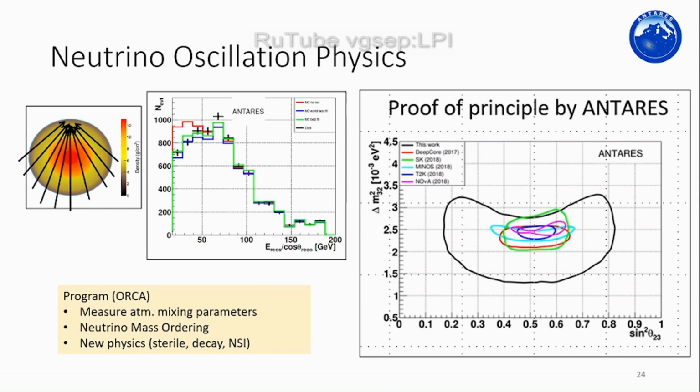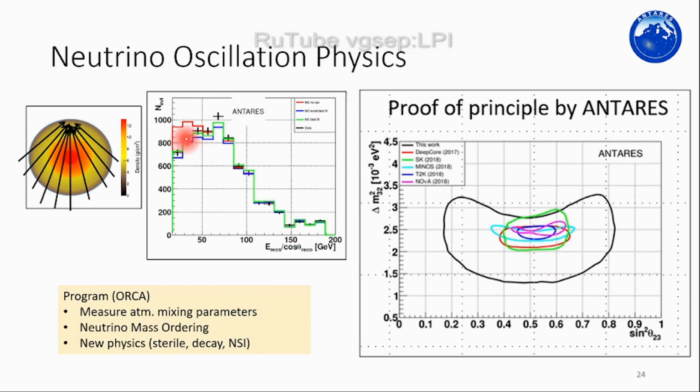So ANTARES did what we would call proof of principle studies on neutrino oscillations. For example, you see here the reconstructed energy over the incoming angle, so E over L, essentially a proxy for E over L, which the oscillation probability depends on. And you compare it to what you expect in case of no oscillations, which is the red.